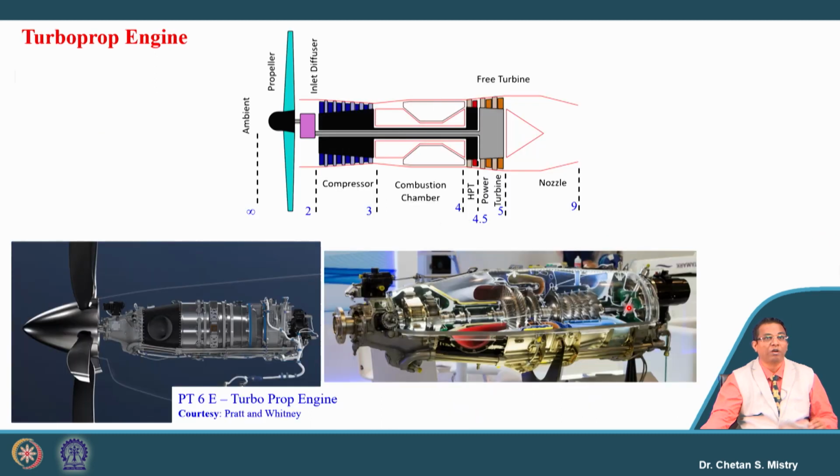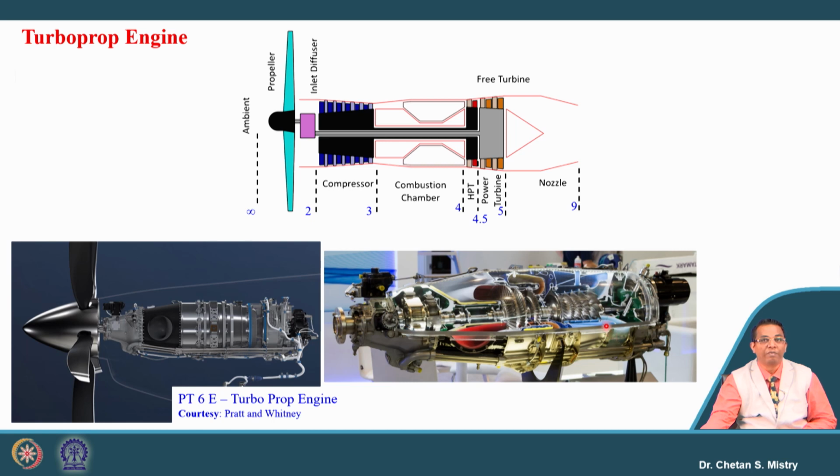We have discussed the configuration in which there is another possibility, where our compressor is rotated by separate turbine stages and the propeller is rotated by other turbine stages, what we call a free turbine configuration. So here, this represents the PT6E engine. If we look carefully, the front side represents my intake.